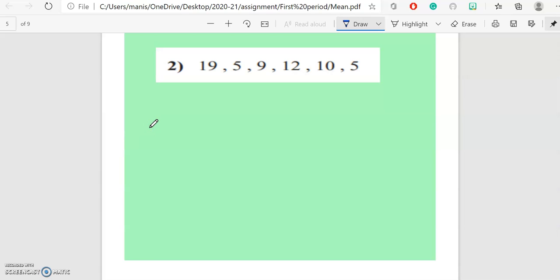Find the mean of the following set of numbers. So what are our steps? I'll write it over here: mean is equal to add all the values to get their total. So I'll write it like this: 12 plus 10 plus 5, and I will count how many numbers these are: 1, 2, 3, 4, 5 and 6.